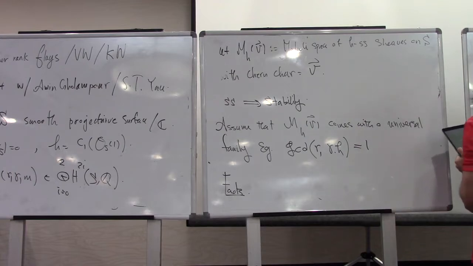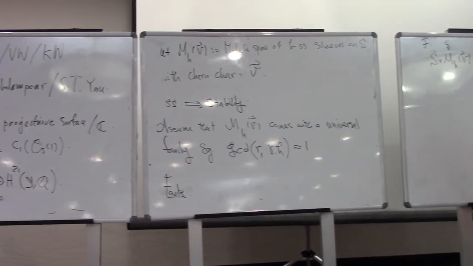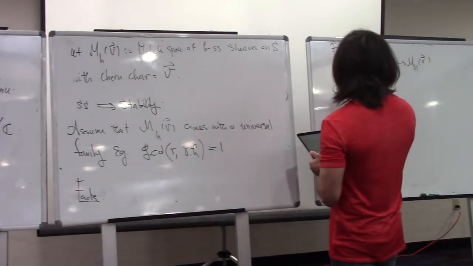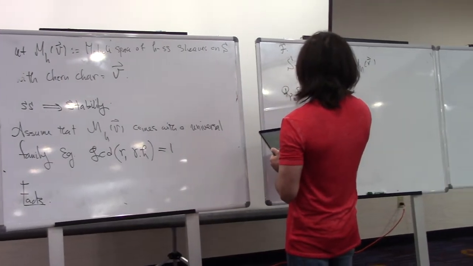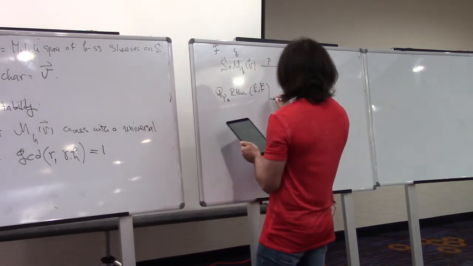If this is my projection map, then my universal sheaf lives in here, and then there is this object in the derived category, R F tilde.